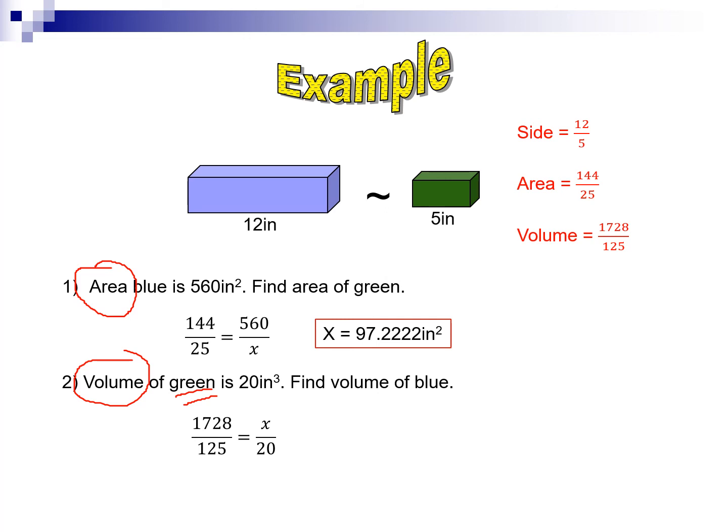Always from blue to green. You can go either way, but as soon as you choose one way, you have to stick to that way. And notice that's why I'm always going from blue to green, staying consistent in the entire problem. Solving that out using cross multiplication, the volume of the blue is 276.48 inches cubed.